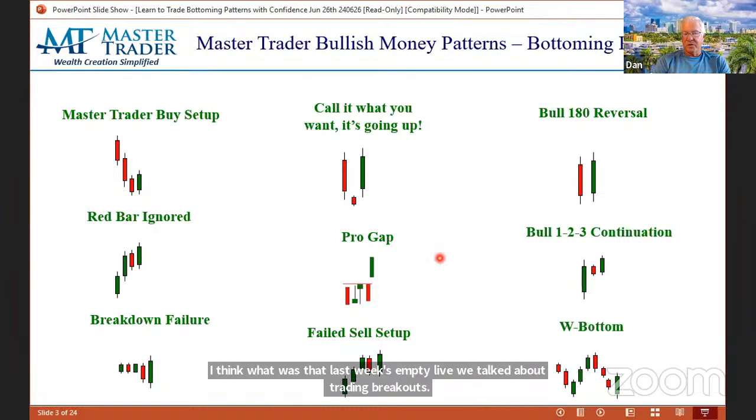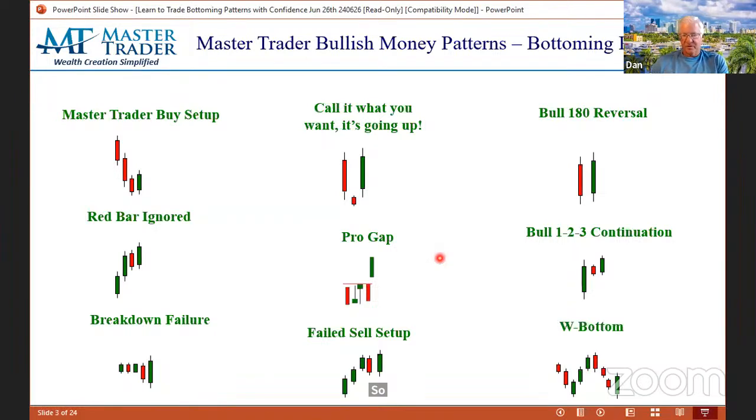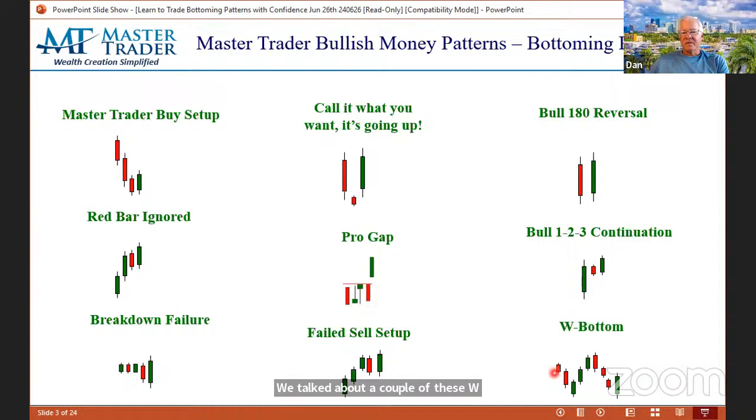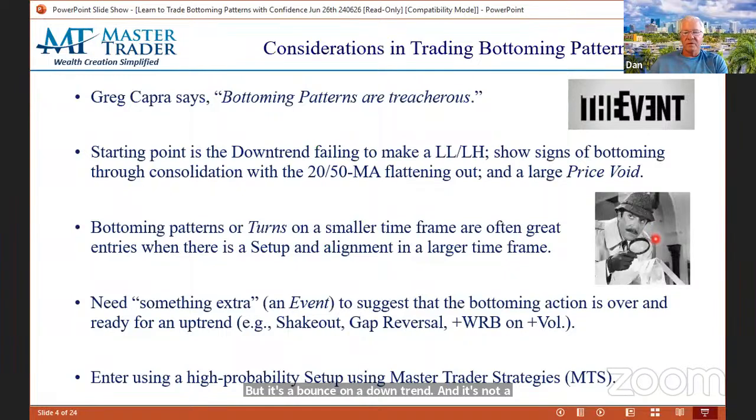Breakouts could happen in uptrends, sideways trends, or a breakout in a downtrend, which is what we're talking about today, because it's down, it's sideways, and instead of making a lower low, it's a breakout to a new uptrend. We talked about a couple of these W bottoms in the green room, saying, look, this is a beautiful short-term tradable bottom, but it's a bounce in a downtrend, and it's not a bottoming pattern like we're going to be talking about today.